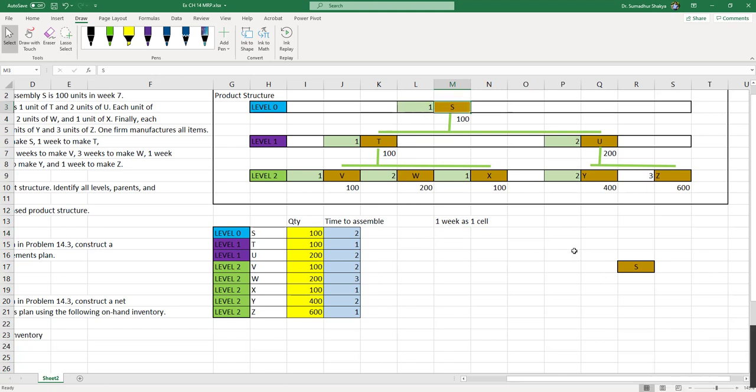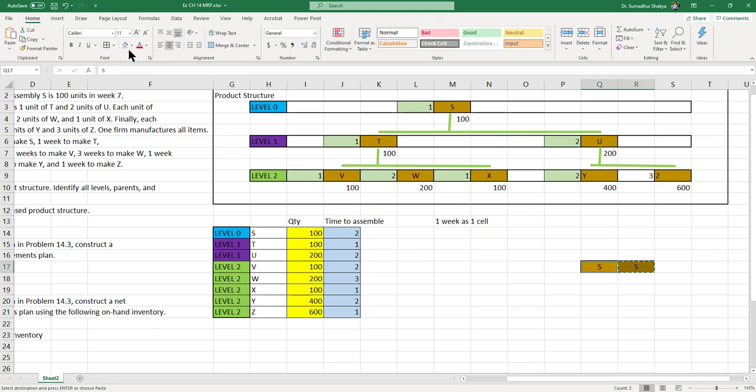Now, given the fact that we have this much time to assemble for each one of them, I'm going to use that as a reference. So I'm going to use S for 2 cells, and why not also color code them. So let's say these 2 cells, I'm going to fill them up with this color.